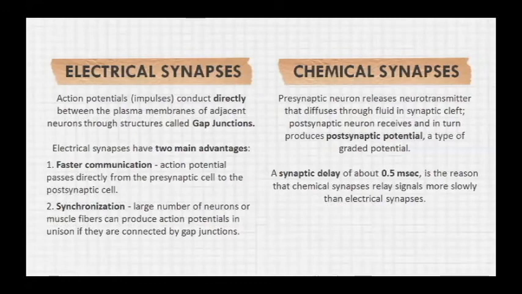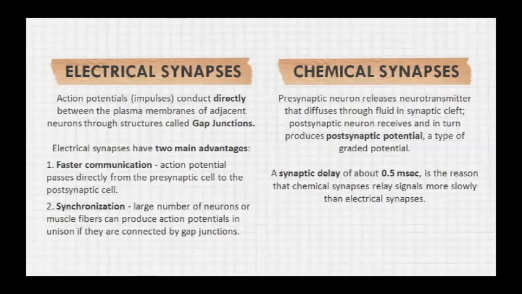Why? First, it is much faster because action potential passes directly from the presynaptic cell to the postsynaptic cell, while it is synchronized because a large number of neurons or muscle fibers can produce action potentials in unison if they are connected by gap junctions.